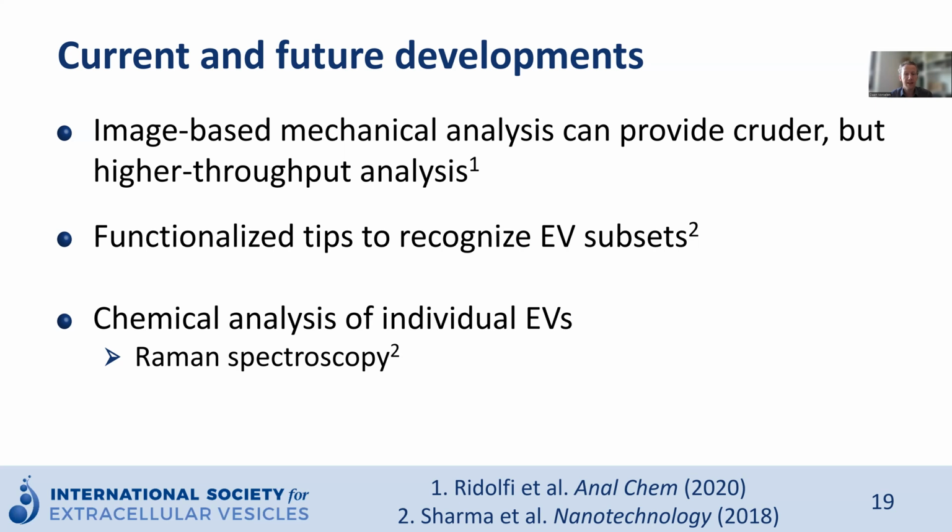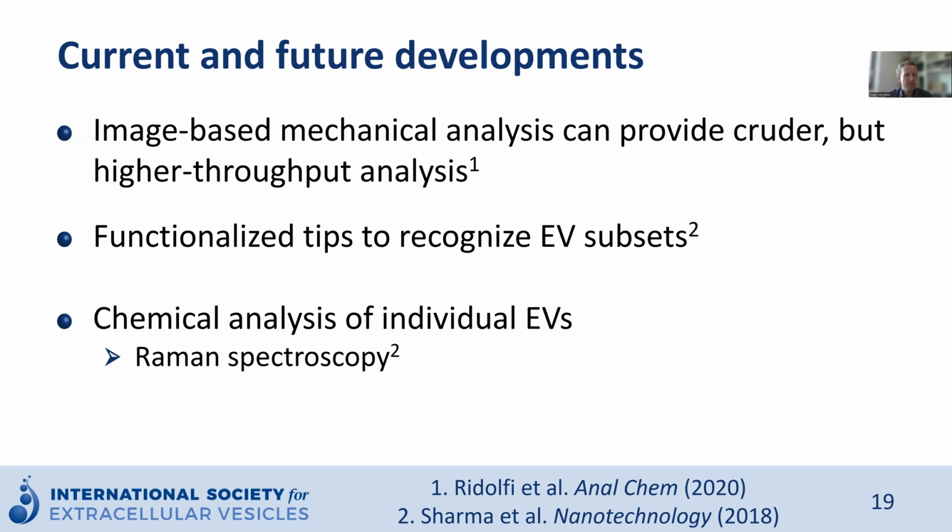In addition, AFM tips can be functionalized with, for example, an antibody, which can then help identify certain vesicle populations or presence of specific molecules on EVs. These specific interactions can be detected during withdrawal of the AFM from the surface because they cause additional adhesion between the AFM tip and the EV.